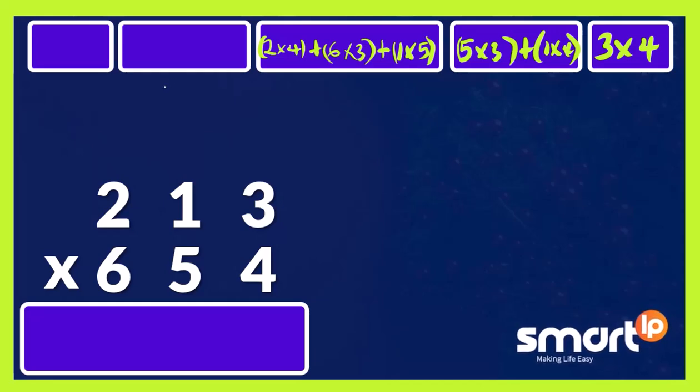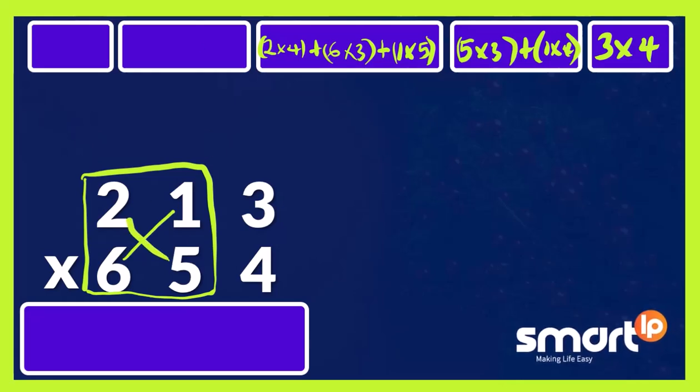So we're going to the second box now. Let me draw around this box because this is what we're working with now. 6 is going to multiply the 1 and 5 is going to multiply the 2. So we have 6 times 1, in brackets, and the results of both will be added: 6 times 1 and 2 times 5, in brackets.